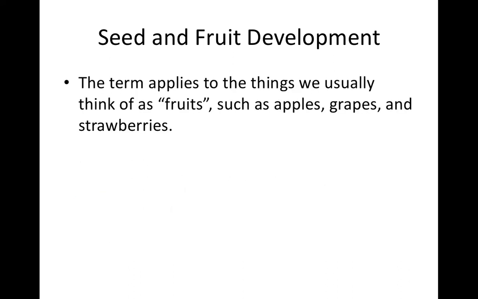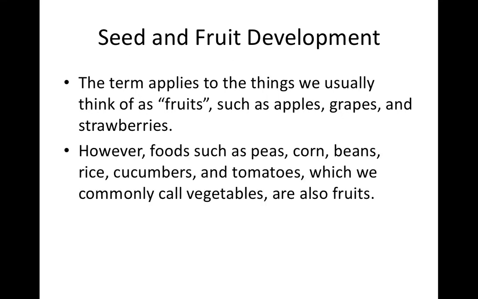So usually when we think of the term fruit, we think of things like apples or grapes or strawberries. And yes, those are fruits. They have seeds inside of them, and then they have this flesh around the outside. However, there are other plants that we wouldn't necessarily think of that still qualify as making fruit.